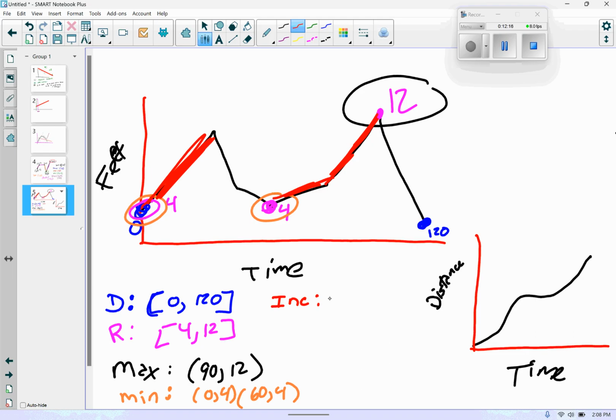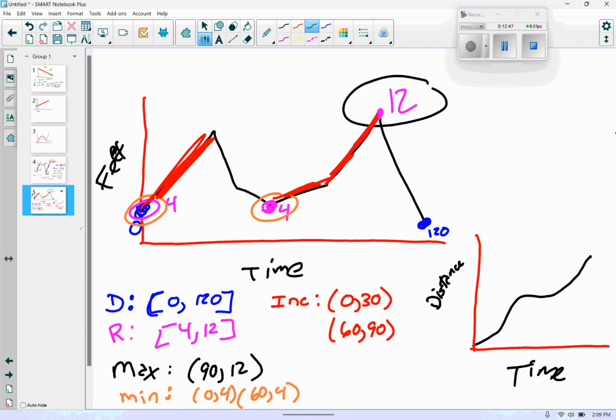It's increasing from 0 to 30. And then it's also increasing here. Now this kind of changes direction a little bit, but it's still increasing the whole time. So that's going from 60 to 90. And again, remember, I'm only using the x values. So I didn't necessarily write down all the points. I'm just kind of basing off of what I'm looking at.